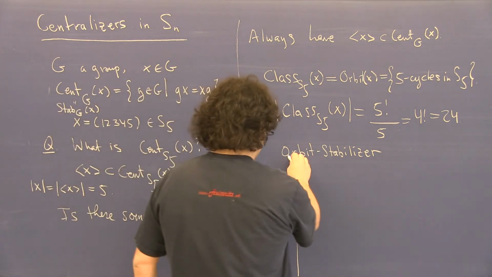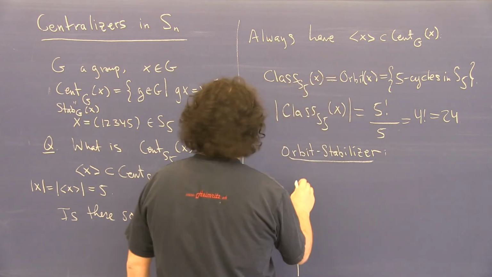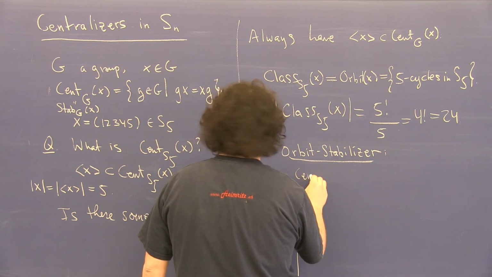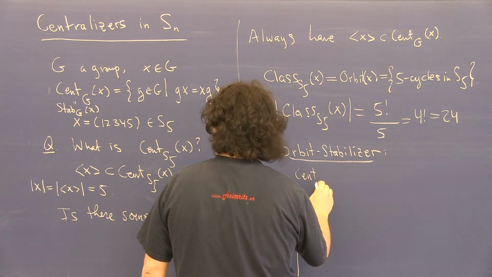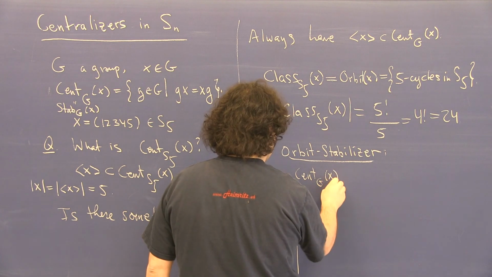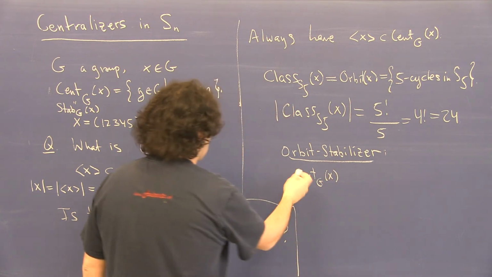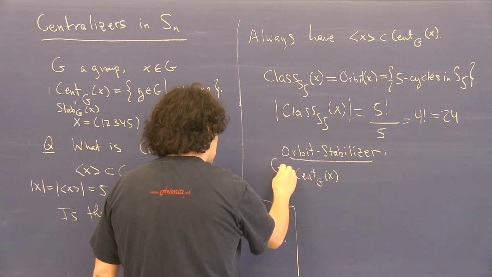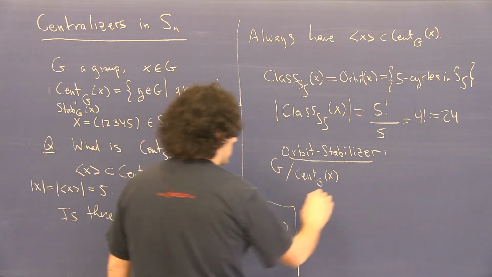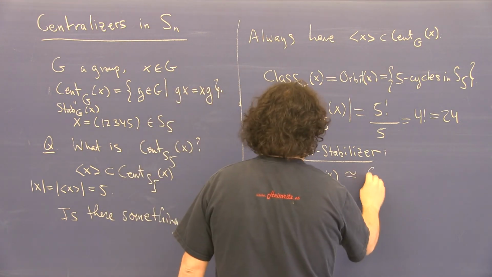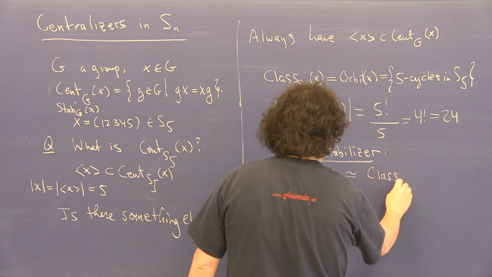By the orbit stabilizer, we know that G modulo the centralizer in G of x is isomorphic to the class.